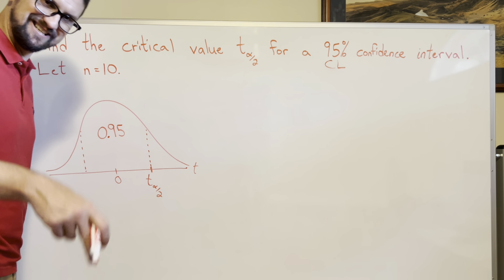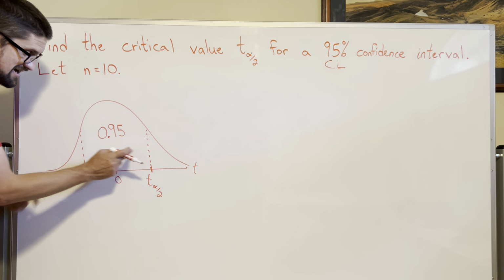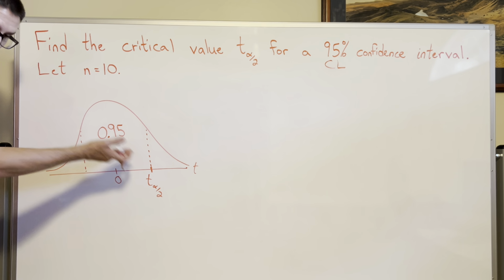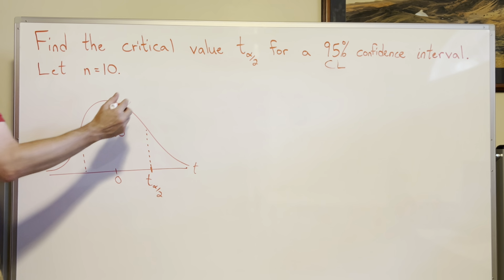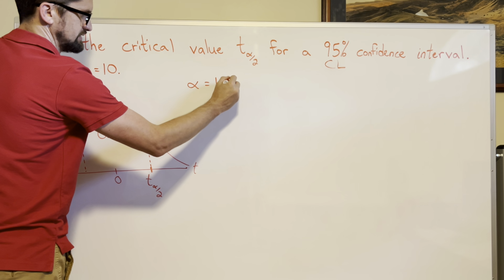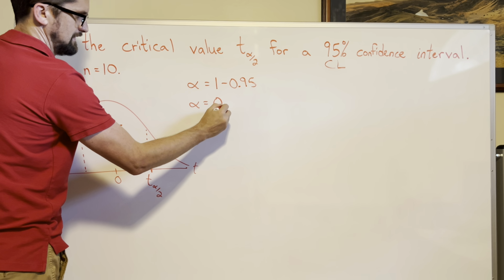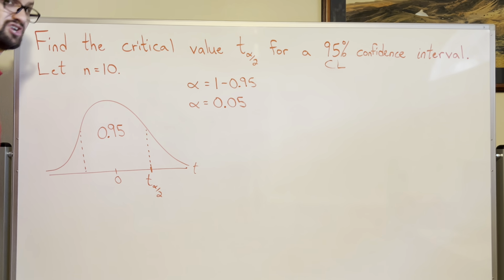Alpha, which is the significance level, is going to be these two areas combined. So 1 minus this. Remember, the whole area is 1. So alpha is going to be 1 minus 0.95. You're going to get 0.05.